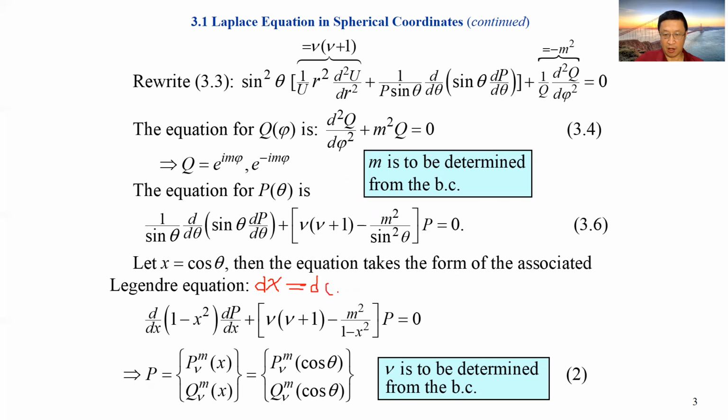the cosine theta equals minus sine theta d theta, right? There's a minus sign here.